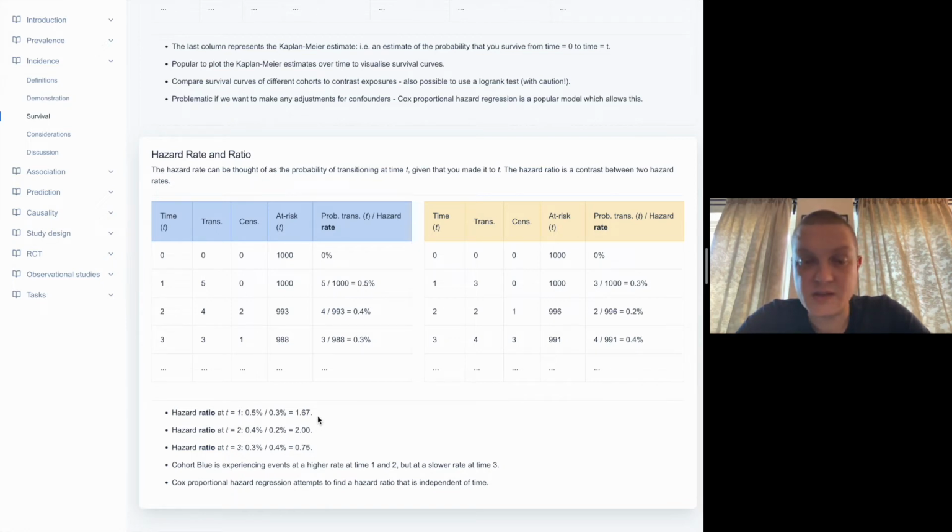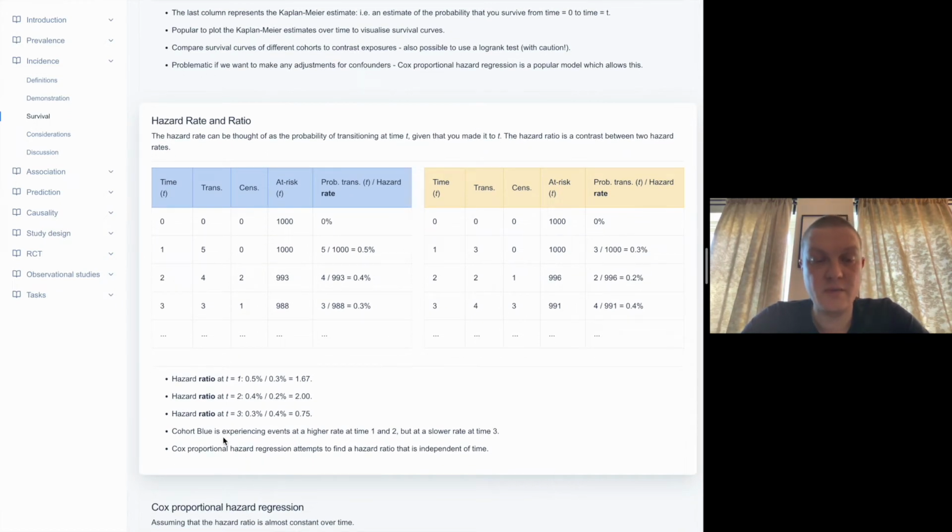The same calculation at time t equals 2 gives us a hazard ratio of 2.0, and at time 3, the hazard ratio is 0.75. So what we can say is that the blue cohort is experiencing events at higher rates at time 1 and 2, but at a slower rate at time 3.